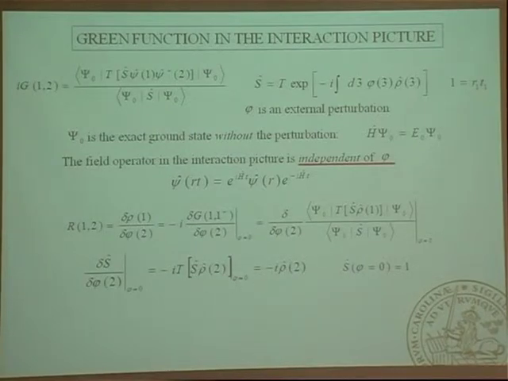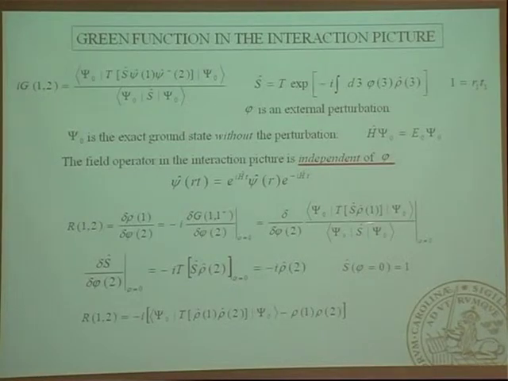So this is basically what we have. And we calculate this at phi equal to 0. So that gives me minus i times the field operator. It's quite simple. And then we just plug it in here, and we get this expression.